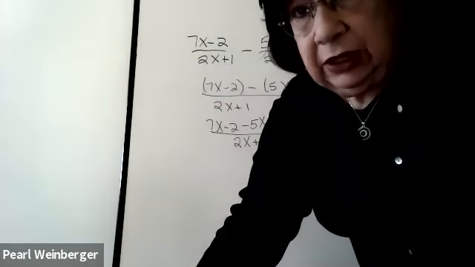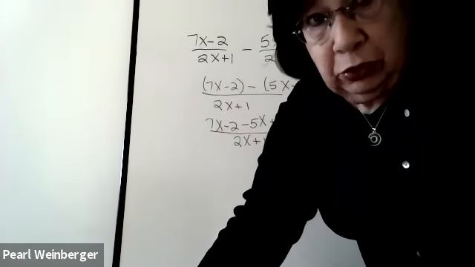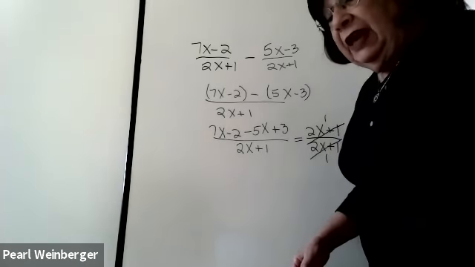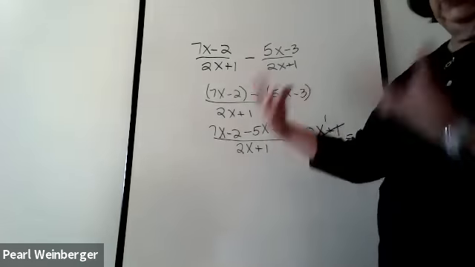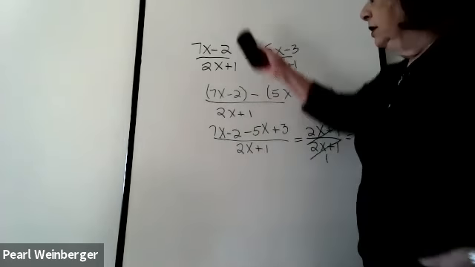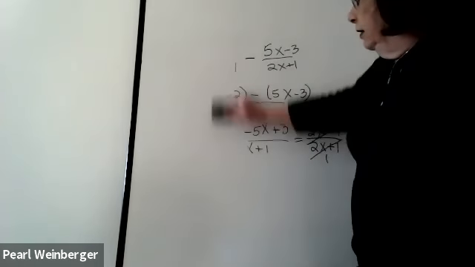So the question is, what do we do if we have a situation where we don't have common denominators, but we're dealing with polynomials? How do we find the common denominator? So let's look at that.